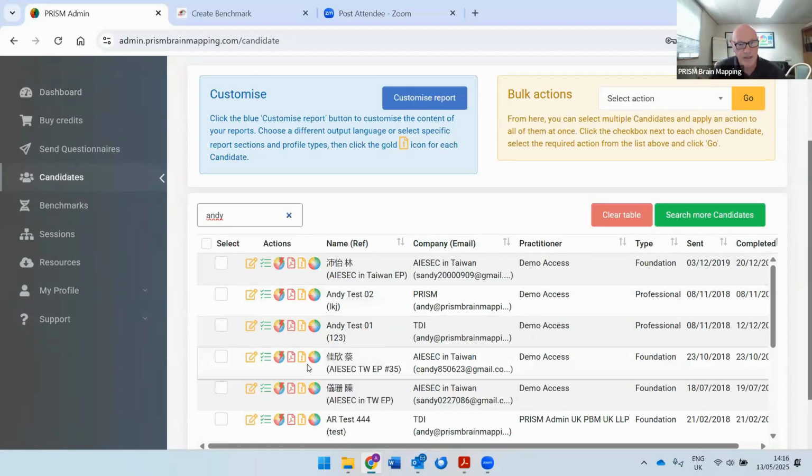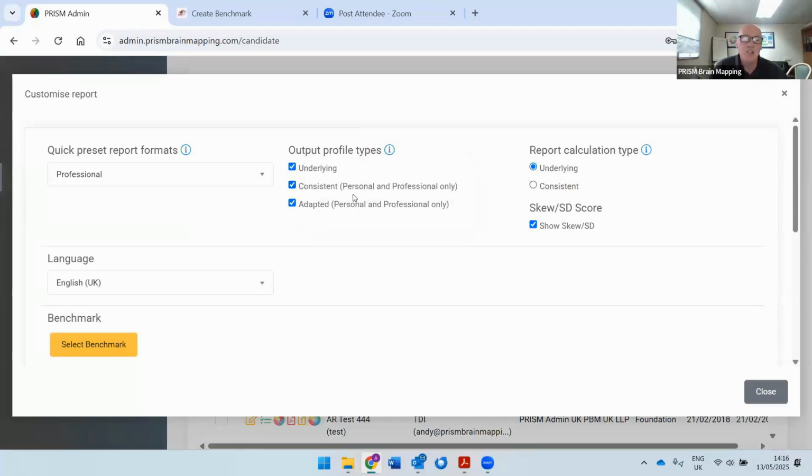So I found that particular candidate. But before I click on it, on either the map or any of the reports, I need to let the system know what I want it to show. So to do that, we go to Customize Report, click up here. Initially, I only want to look at the underlying line. I don't want to look at the consistent or adapted line. And I'll explain the reason for that as we move on.